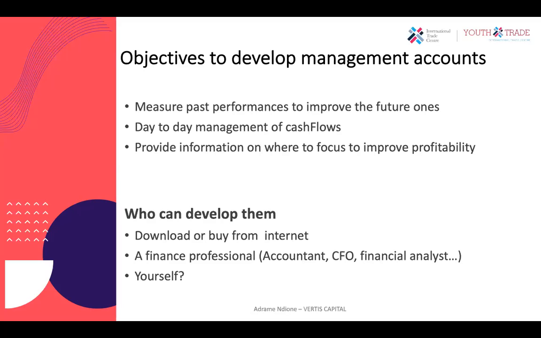So it's really important to manage your cash flows well, and also to provide information on where to focus to improve profitability. Having this helps you to see where exactly I am performing well, where I am not performing well, and then how I am able to improve what I'm doing.